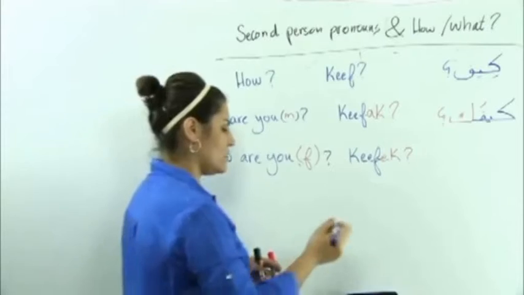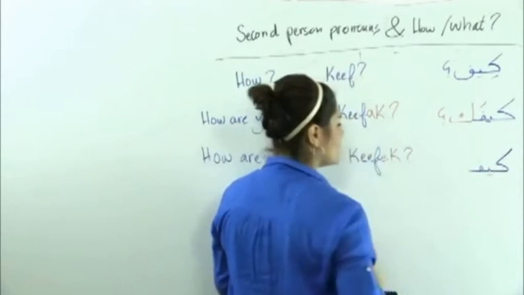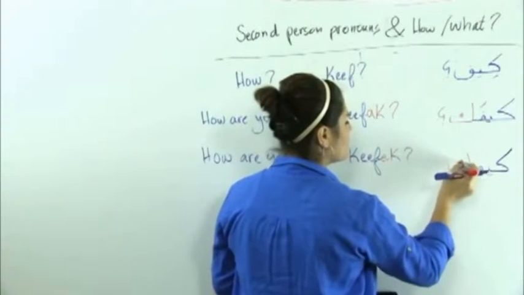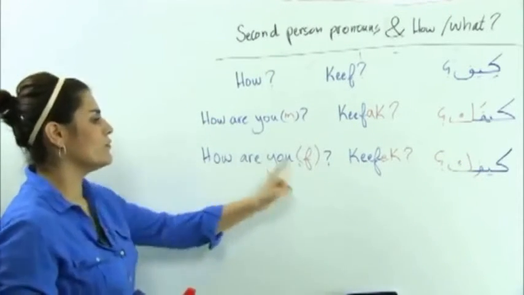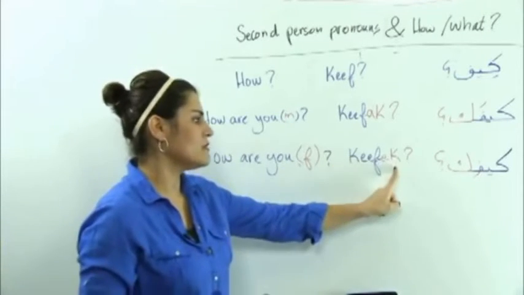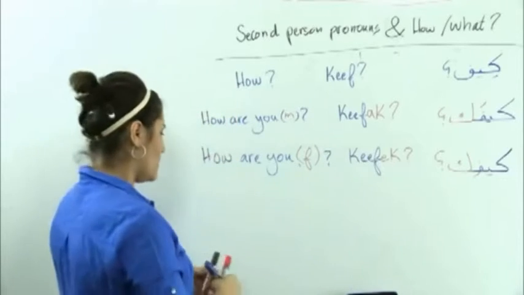And in Arabic it is a kasra with the letter ka. So, how are you, feminine? The suffix is ik, and in Arabic it is written like that.